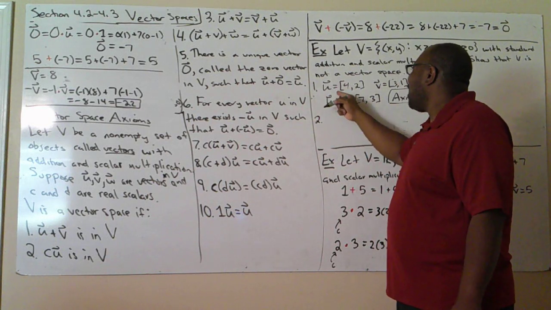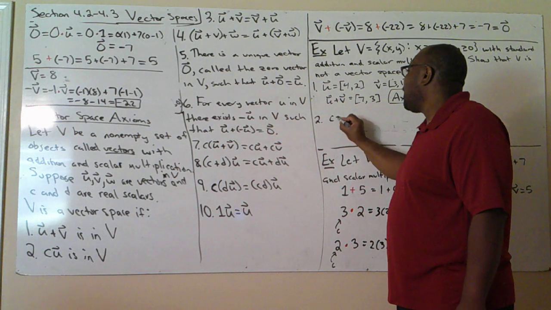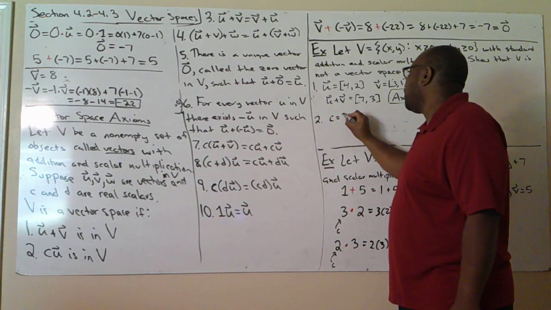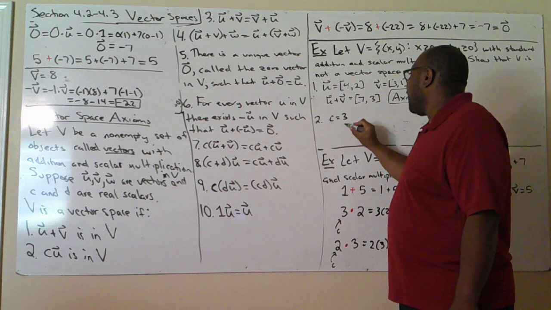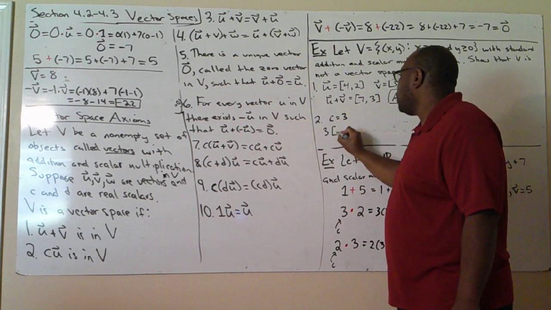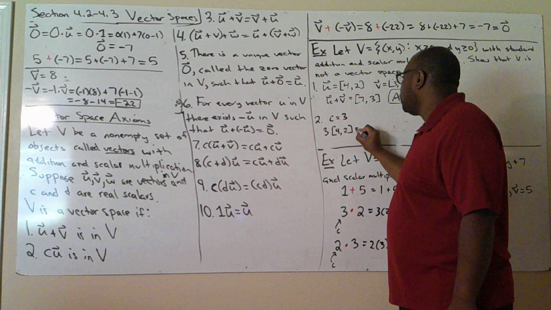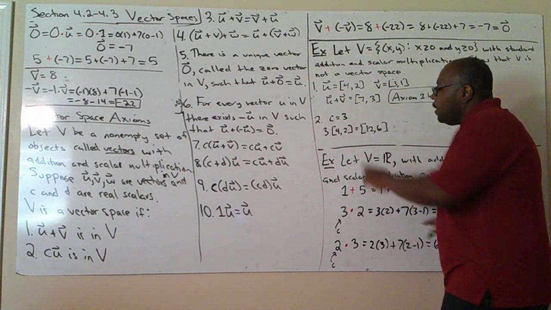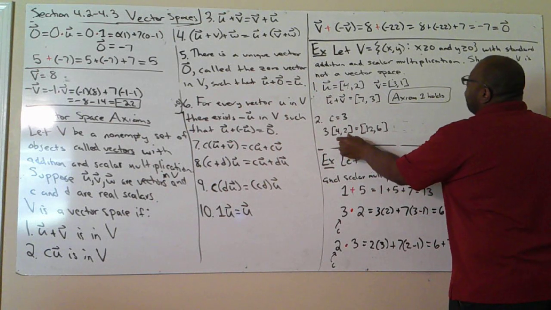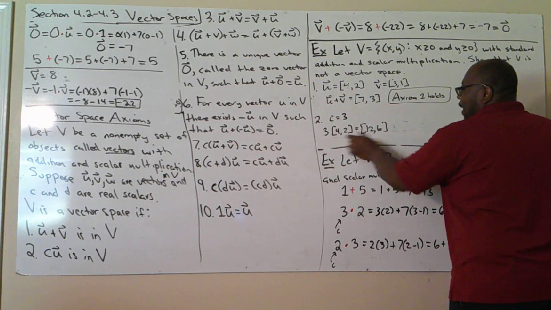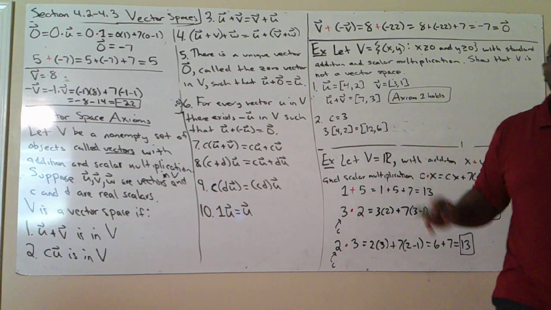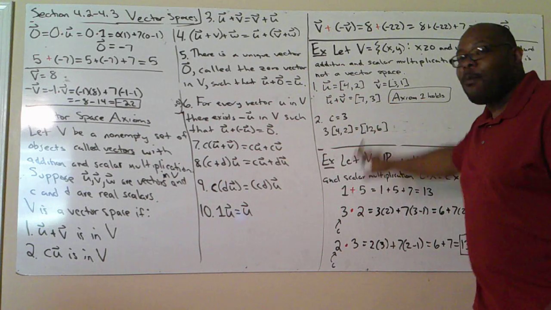I'll use my same u, so I'll let my c equal, what's a good one? 3. So that'd be 3 times 4, 2, and that is 12, 6. And you say, okay, these both are positive. None of these are negative. I multiplied by a scalar and got something that wasn't negative. And you're like, okay, I can go to axiom 3 now. This one holds, axiom 2 holds.